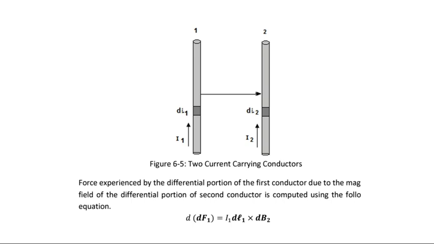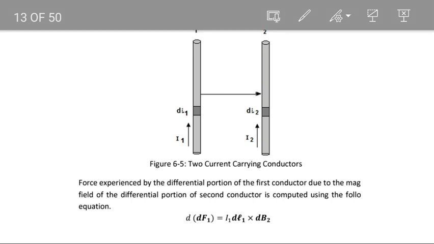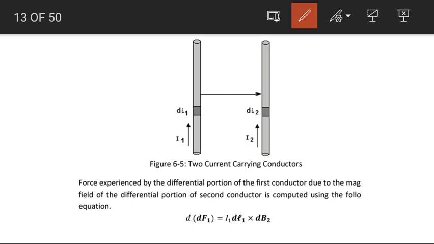The small portion of conductor number 1 is represented by dl1, and the small portion of conductor number 2 is represented by dl2. So the force which is experienced by the differential portion of the first conductor due to the magnetic field of the differential portion of the second conductor is given by this particular equation.